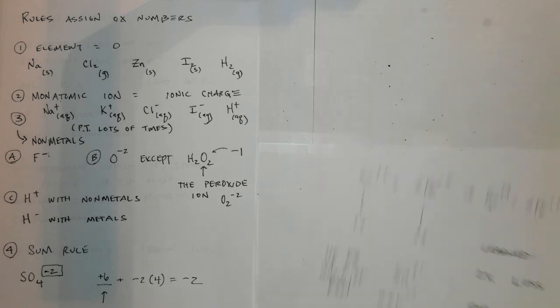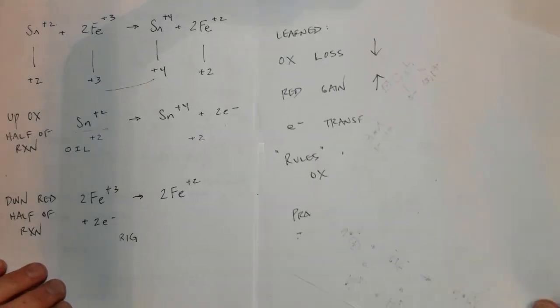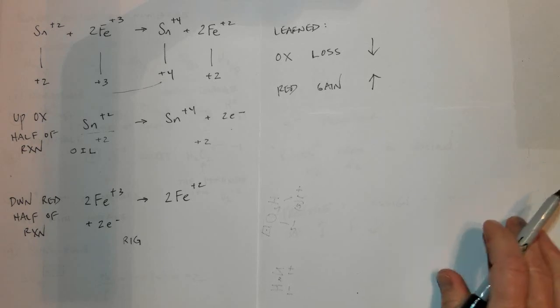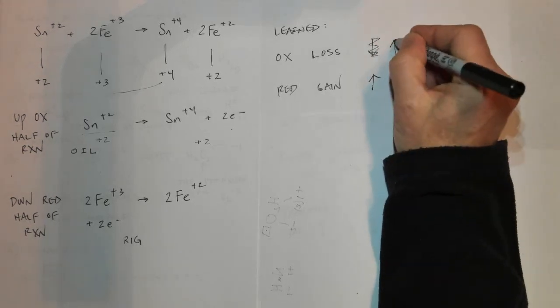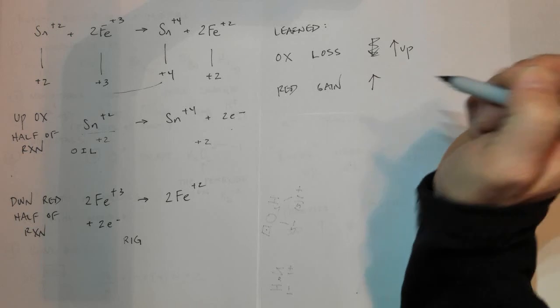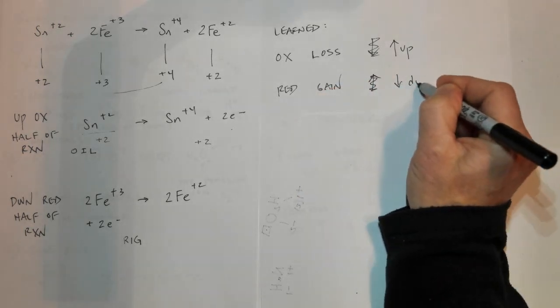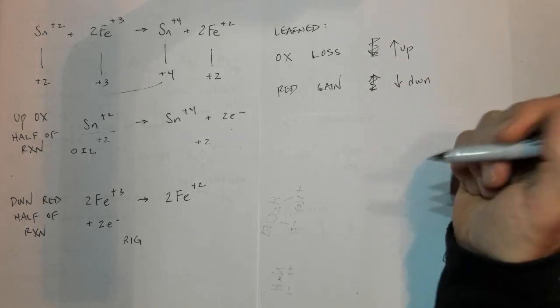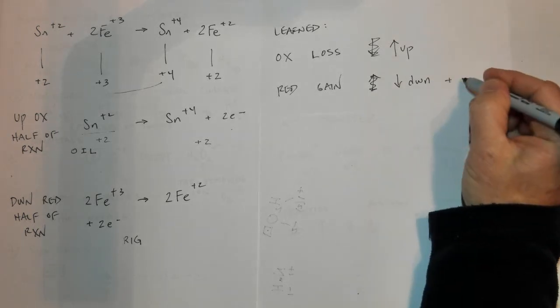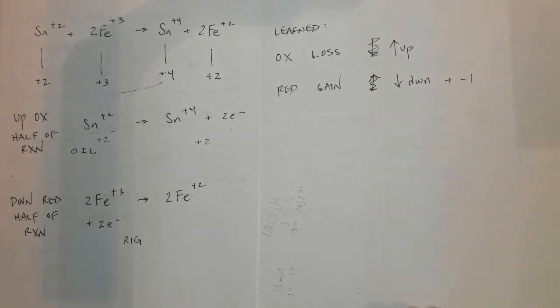So hopefully during this introductory video cast to electrochemistry, you learned that oxidation is the loss of electrons, and the charge goes up, I should say. Charge goes up, and oxidation are the same thing. And reduction is the gain of electrons, and the charge goes down, because you're gaining negative things. You know, when you gain a negative one thing, you will go down in charge.